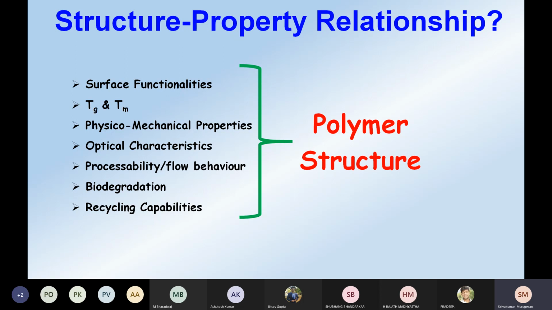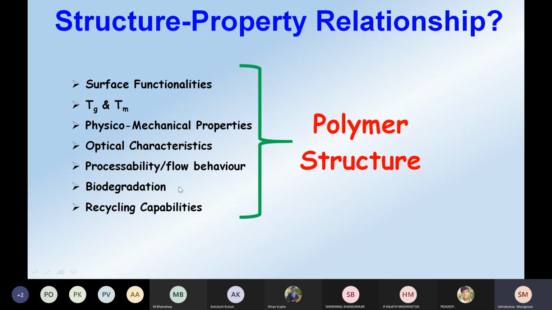Once you know that, you can predict the physical and mechanical properties. By looking at the structure, the amorphous content and the crystalline percentage, you can tell whether your material can be used for optical transparency, etc.